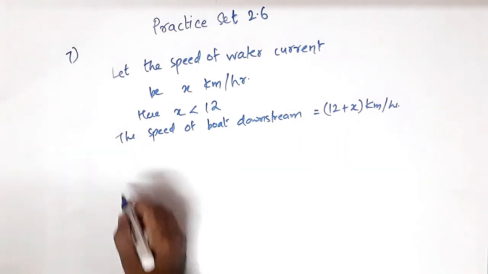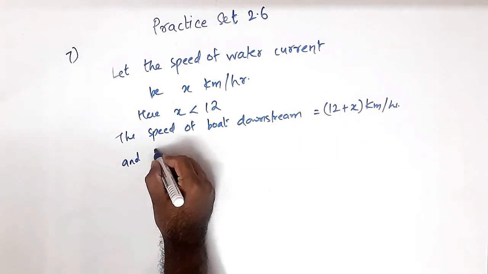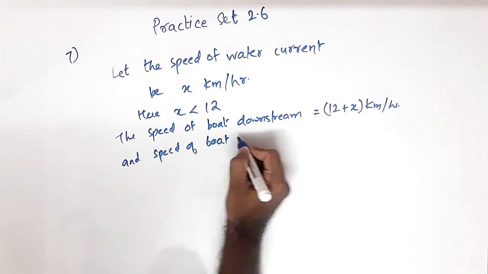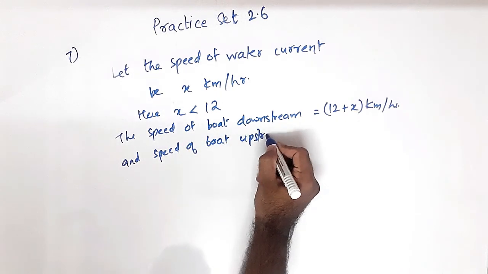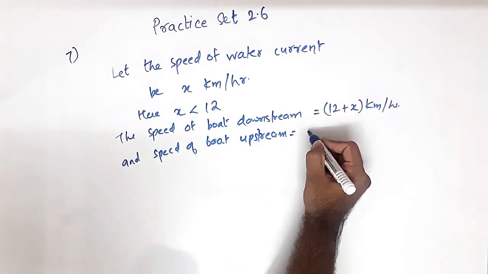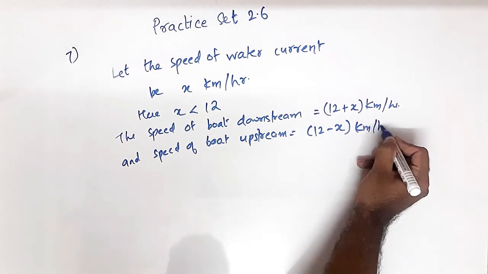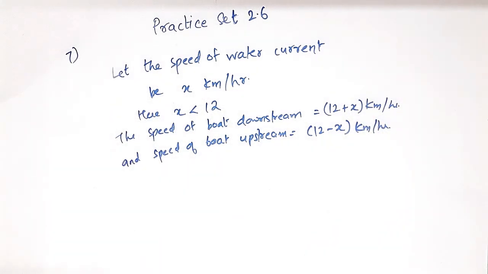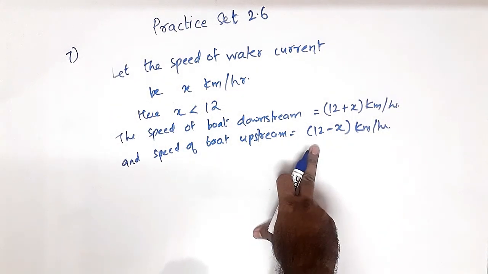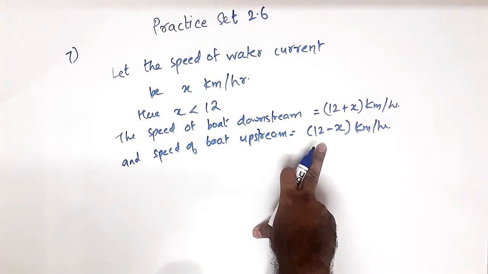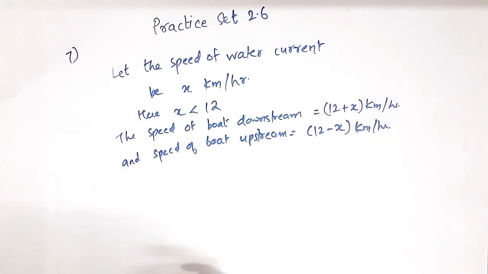And the speed of the boat upstream will be 12 minus x kilometer per hour. Why? Because this is the speed of the boat in still water, minus it has to go against the water current, so 12 minus x kilometer per hour.